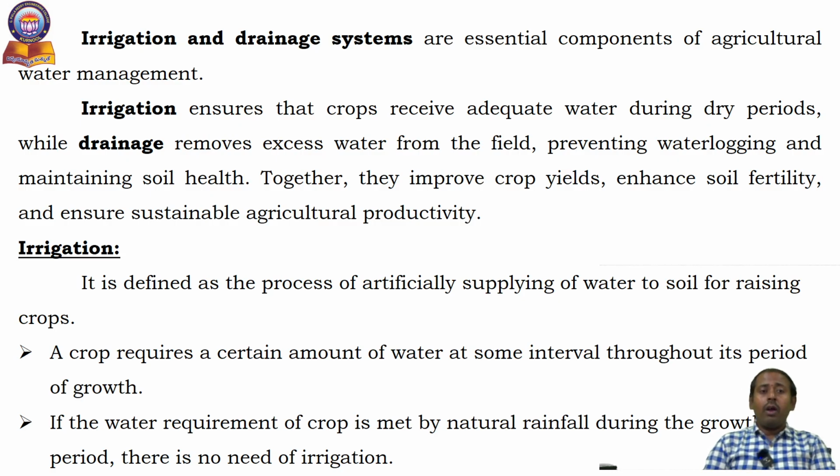So already I have discussed irrigation. Irrigation ensures that the crops receive adequate water during the dry periods. Dry periods means whenever the natural rains are not there in the year, then only this irrigation is required. While drainage is removing the excess water from the field, preventing waterlogging, and maintaining soil health. Whenever the soil health is good, in soils so many minerals are there.